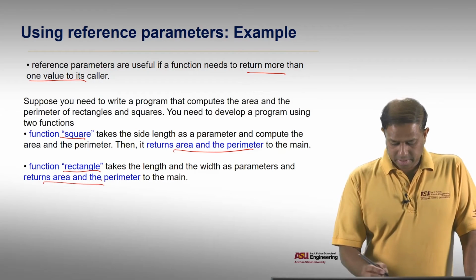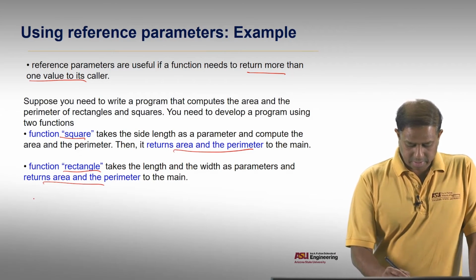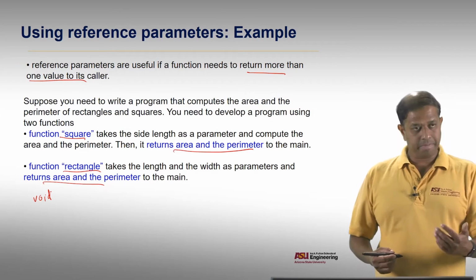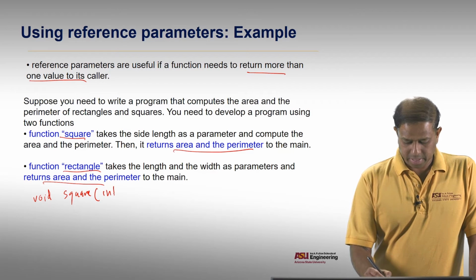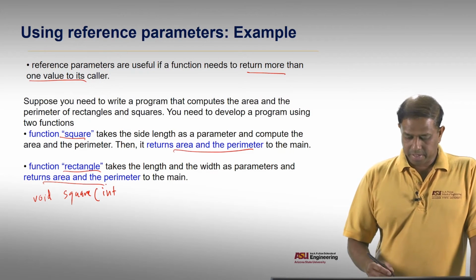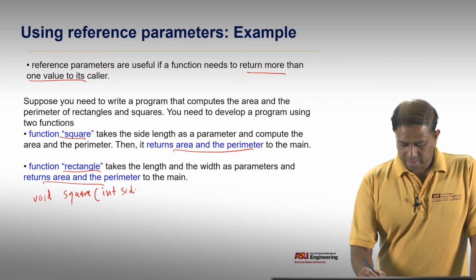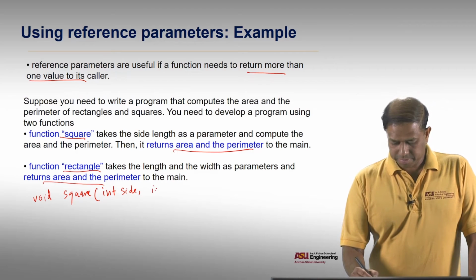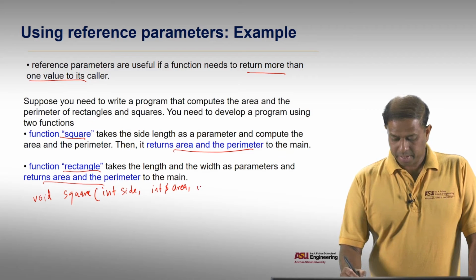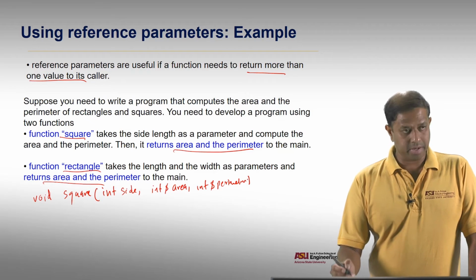So here is, let's say, the square function. We can write it as a void because we will be passing data as a reference this time. So square, and then we are passing the size of the square. That's the side length. Okay, and then we will be passing an integer reference to area and an integer reference to perimeter, right?